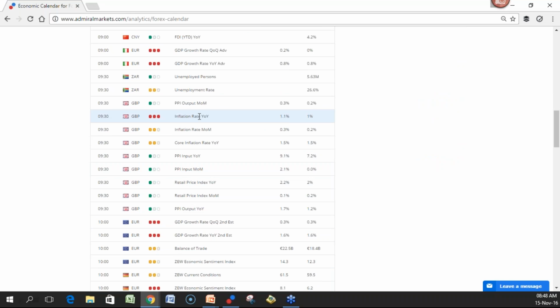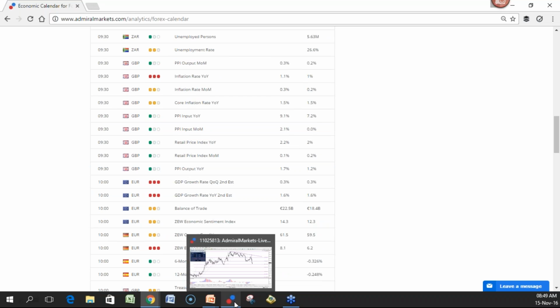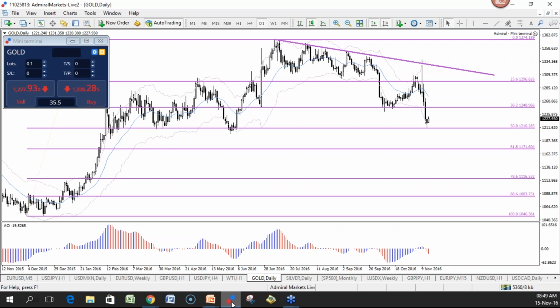That's going to be interesting. Inflation rate is a good one to keep an eye on because, of course, if there's high inflation, there could be a chance of an interest rate increase in the future, which makes the particular currency more valuable, which means that in the long run price will probably go up relative to those that don't have inflation and don't increase their interest rate.